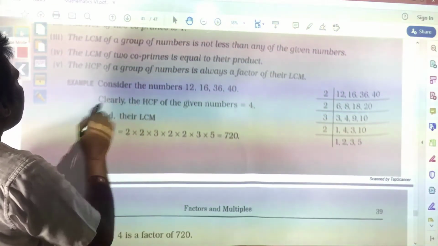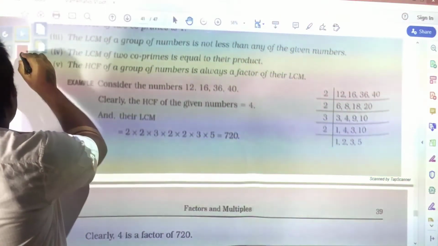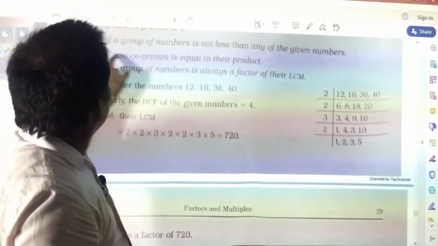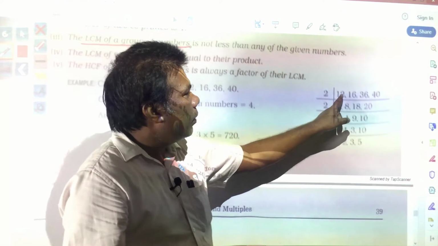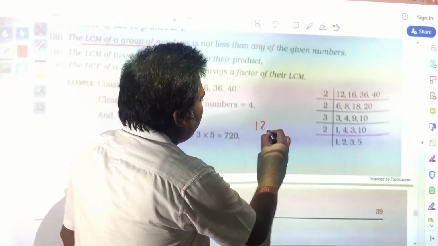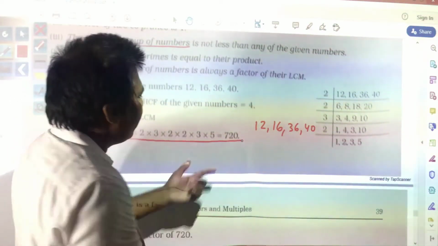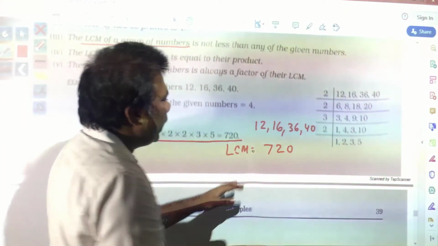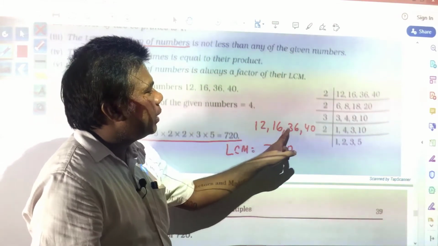Next, the LCM of a group of numbers is not less than any of the given numbers, just the opposite of the first property. First we saw that the HCF cannot be greater than any of the numbers; in the same way, the LCM of a group of numbers is not less than any of the given numbers. If you find the LCM of 12, 16, 36 and 40, you get 720. So for any group of numbers, the LCM cannot be lesser than these numbers.